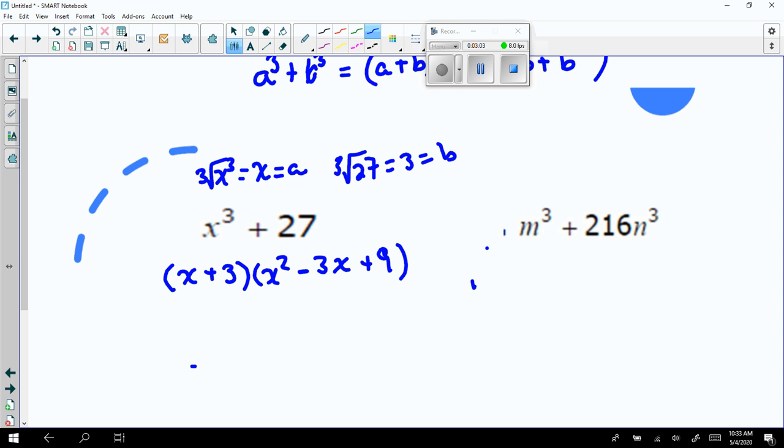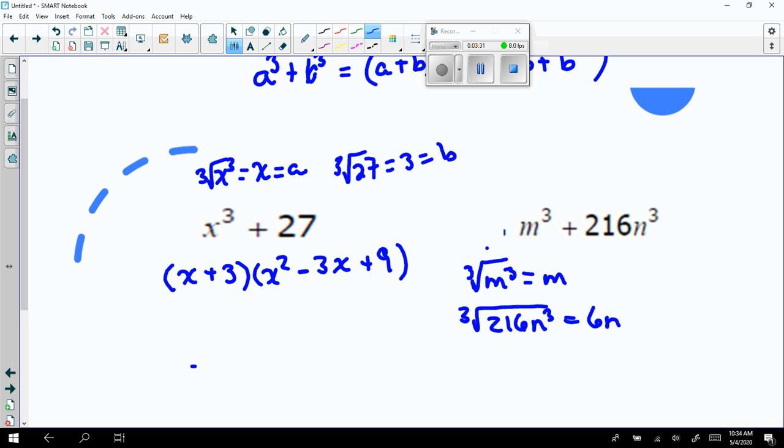Okay, so the next one is a little bit more complicated, but not too bad. The cube root of m cubed is just m, that's my A, and then I'm going to take the cube root of 216n cubed. That is going to be 6n.